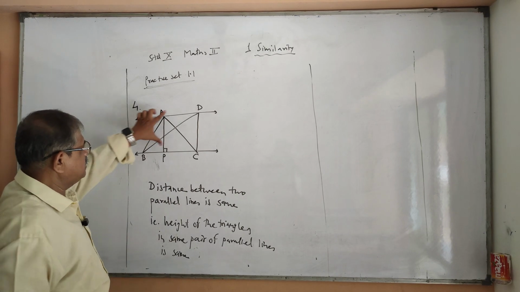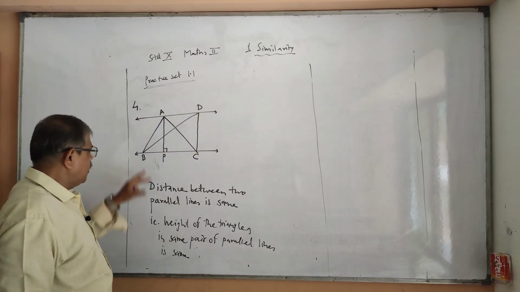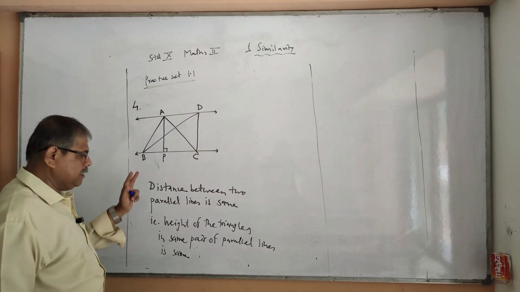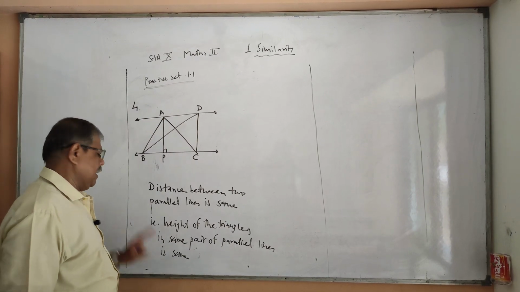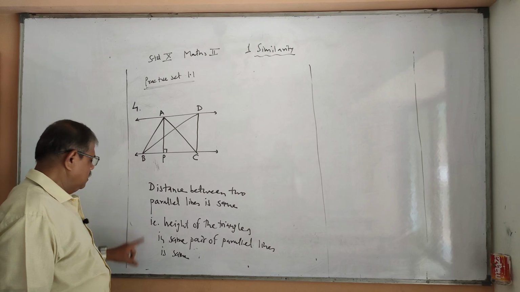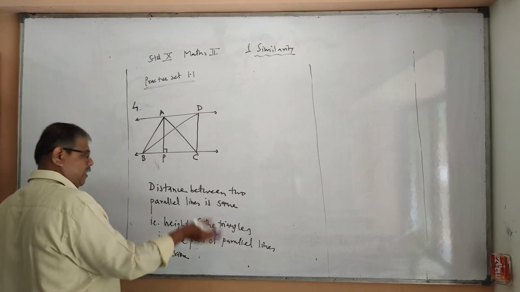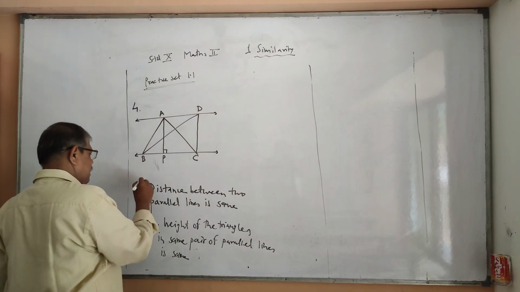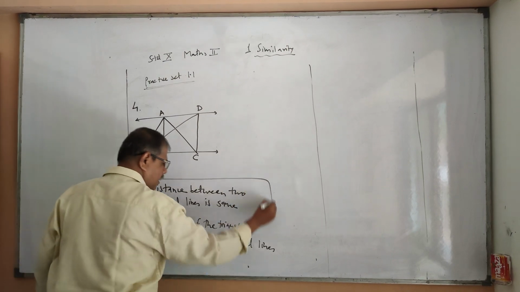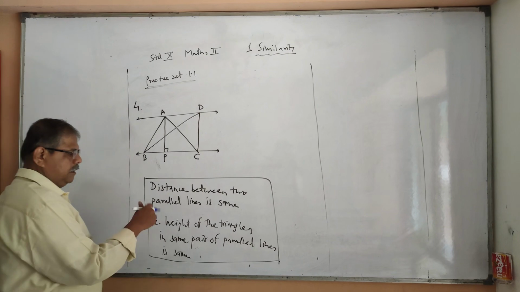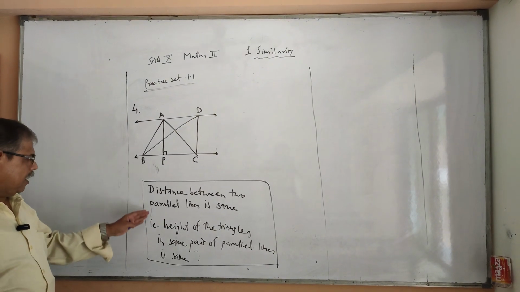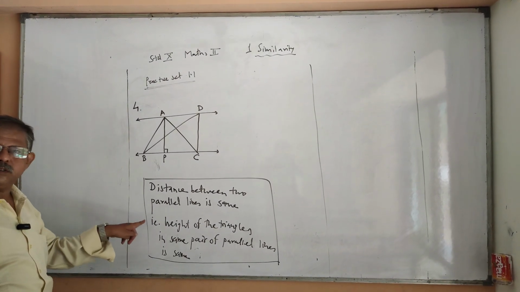Distance between two parallel lines is always the same. That means for the triangles we are considering, I can say the height of the triangle is also the same. Write this property down on the same page above your red margin, or you can write it below our question, no problem. It will not be part of our answer, but you must know this property.